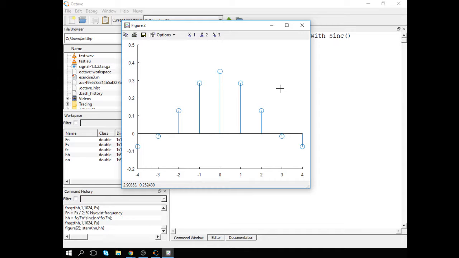So triangle from here to here. 3/5, 4/5, and 5/5, yes, and then down. It also has a name. I think it was the Bartlett window? It's the same as triangular window.